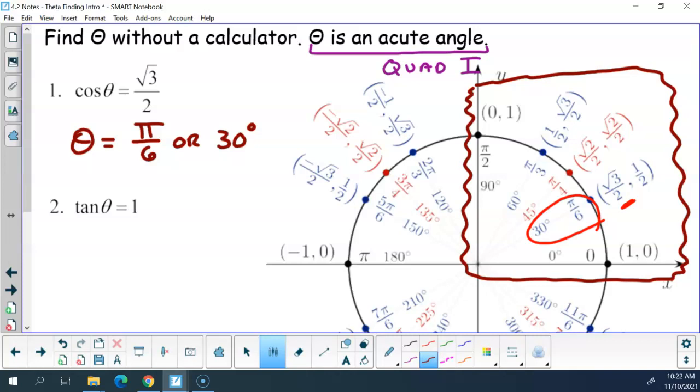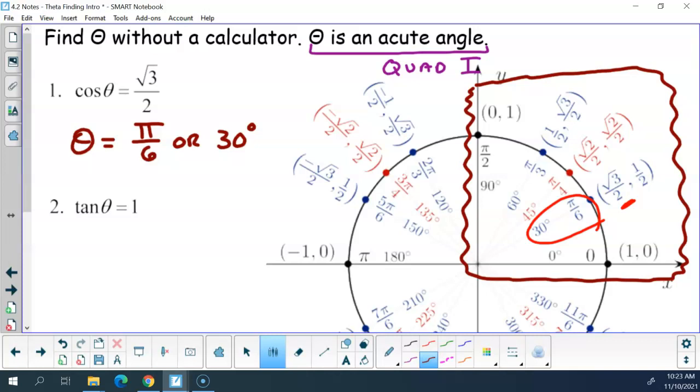So if there's another condition to the problem that says in degrees, then we want degrees. Otherwise, radians. Okay? Second one.